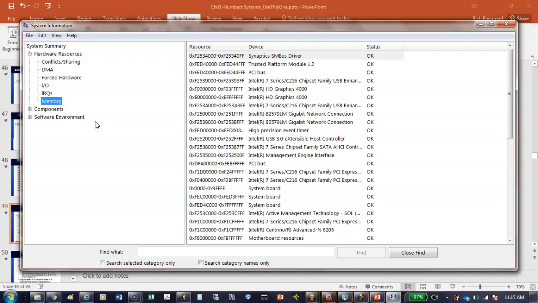So this memory right here is the chipset PCI Express, F04000000 through F08FFFF. That is a binary number, but my computer is not displaying it in binary, it's displaying it in a number system called hexadecimal, because it's a lot easier and takes a lot fewer digits.